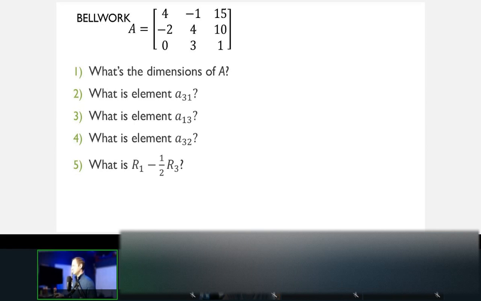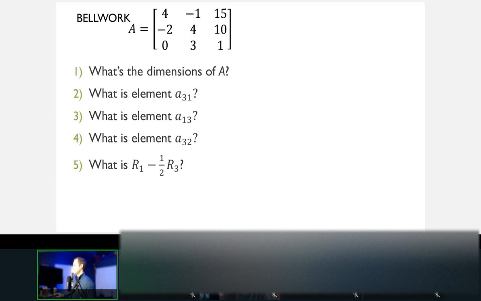So what is row number 3 going to end up being? Remember, fractions only, please.